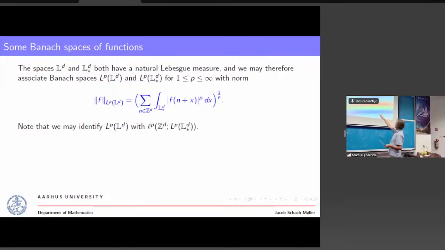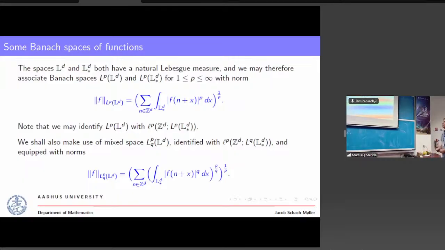If you think of this representation of the functions as sequences of functions on the unit cell, you can have mixed L^pq spaces where, inside here, you have a local L^q property. So on each edge, basically, the function has to be L^q. You can take the L^q norm over a unit cell that will form a sequence, and that you can ask to be L^p. So that's these mixed L^pq Banach spaces. So you can think of that as a small l^p sequence with values in L^q of a unit cell.